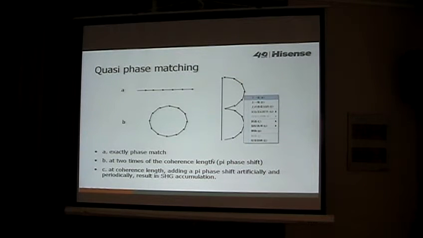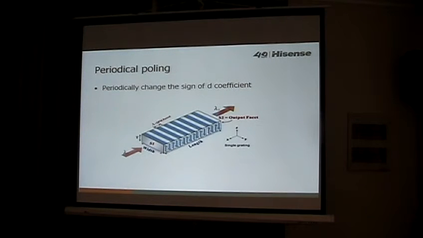Like we said, this idea has been there for many years, but the technology was not there to implement it. How do we introduce the pi phase shift? The simplest way is to change the sign of the nonlinear optical coefficient.